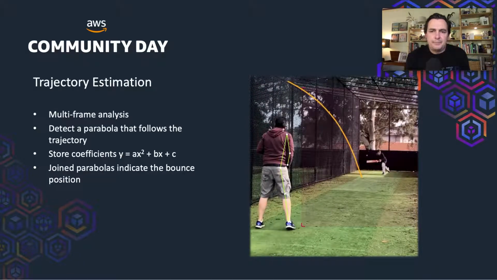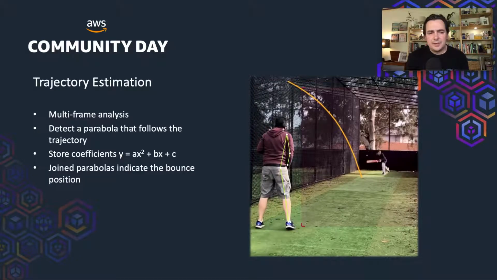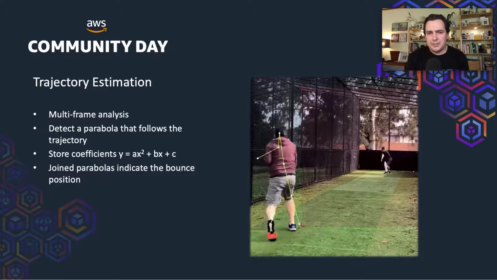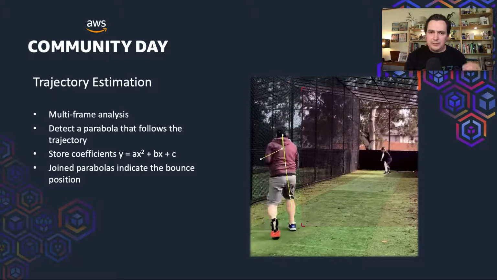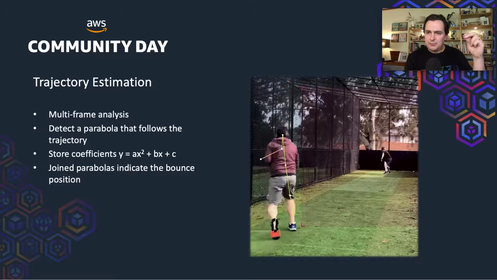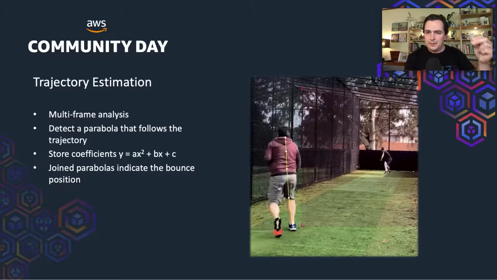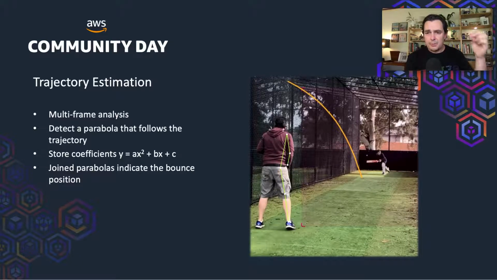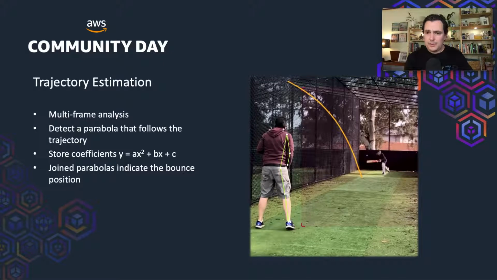This is a video that builds on that technique and does something called trajectory estimation. So what we've done here is we're looking for where those objects are moving and trying to build them into a form of a parabola, which a ball would fly through. This video shows me bowling, the flight of the ball, and importantly what we're trying to achieve here is where did that ball land?